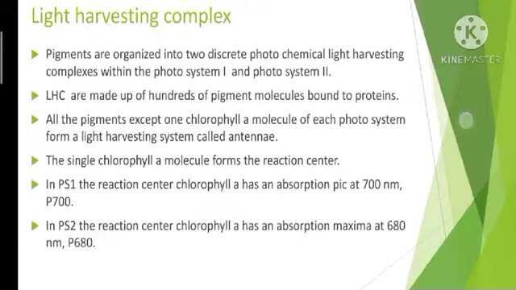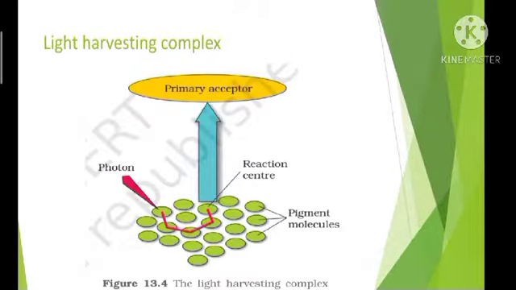This is the light harvesting complex, and it is made up of hundreds of pigment molecules bound to proteins. In each photosystem, the light harvesting complex consists of hundreds of pigment molecules, and all these pigment molecules except one molecule called chlorophyll A together form the antennae.